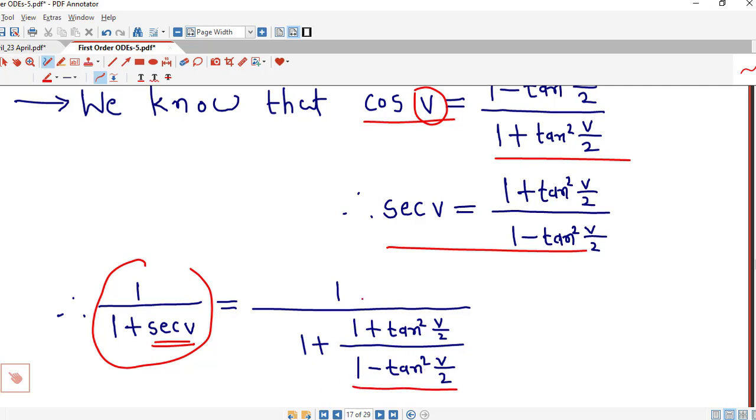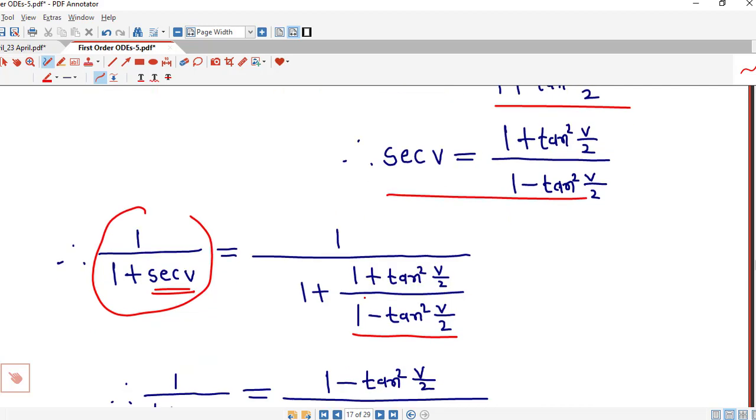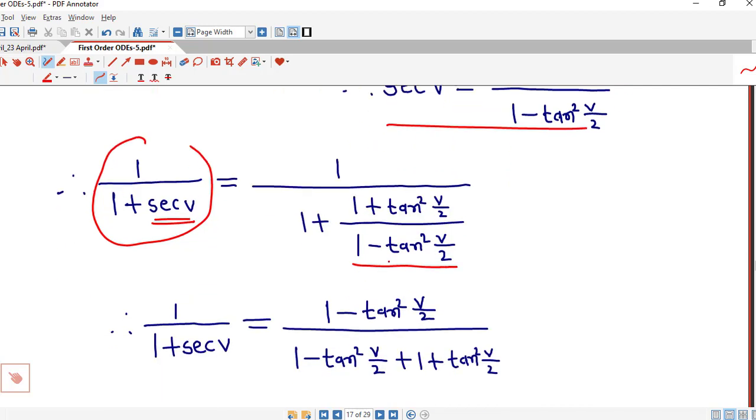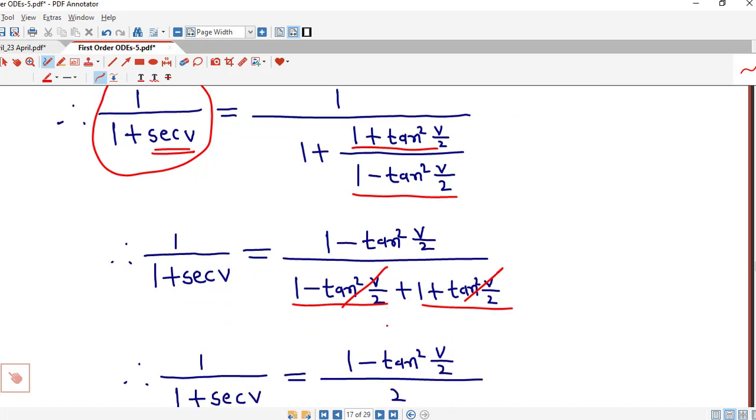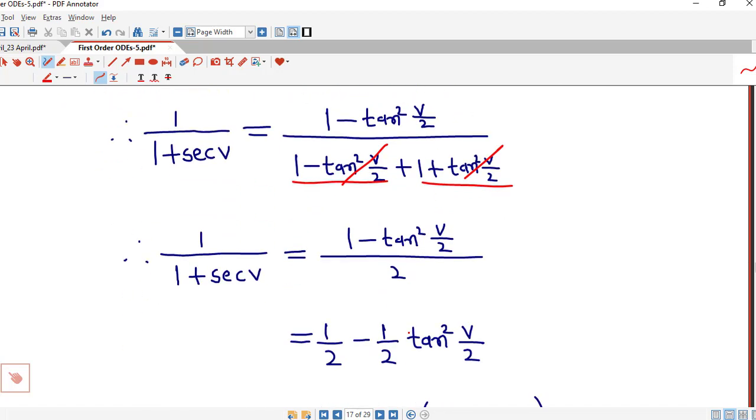1 - tan²(v/2) will be in the numerator, and we have the addition of 1 - tan²(v/2) and 1 + tan²(v/2). The tan terms cancel out and we are left with 2 in the denominator. In the numerator we have 1 - tan²(v/2), over 2, which we can rewrite as 1/2 - (1/2)tan²(v/2).